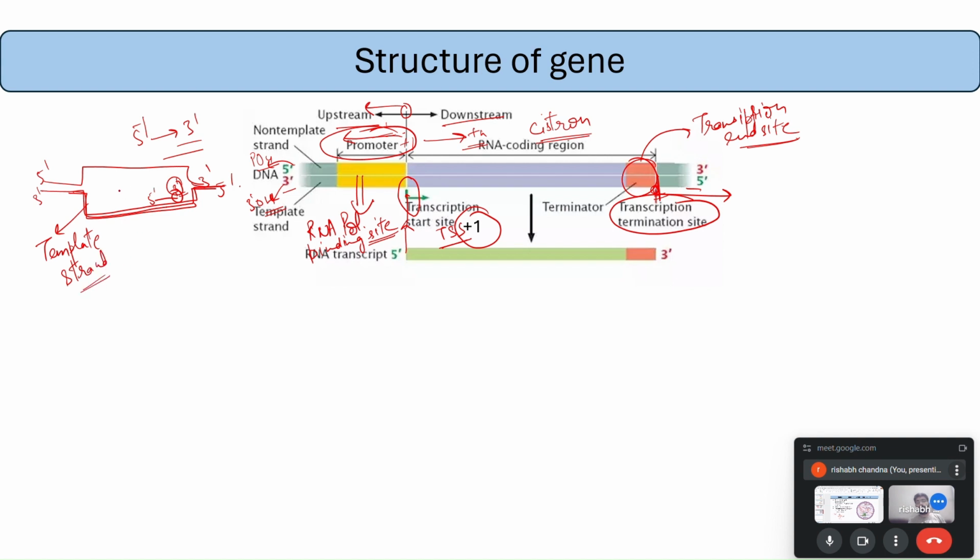As it is always polymerized in a complementary base pairing fashion, the sequence of this particular mRNA will be the same as this strand. This strand that has the same sequence as the RNA is called the coding strand.